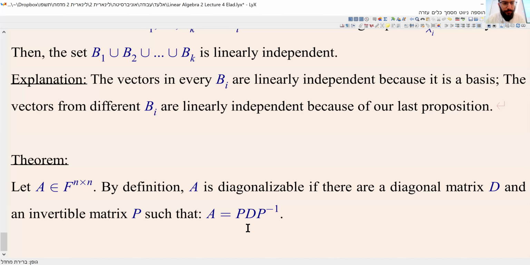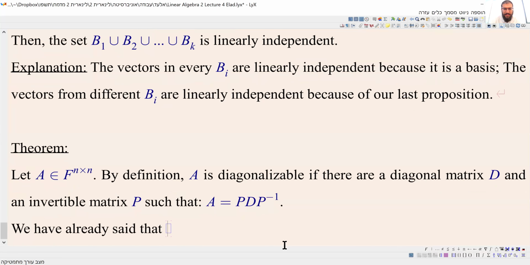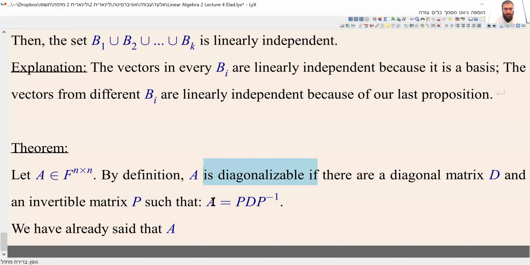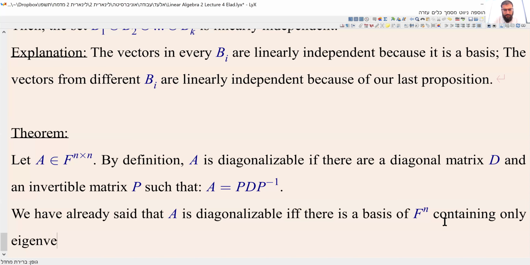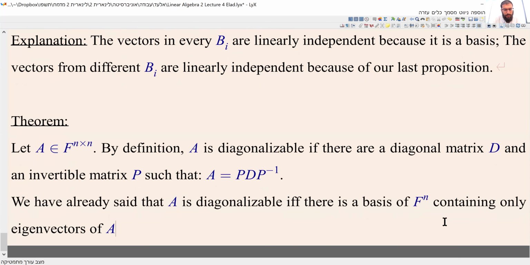We have already said that A is diagonalizable if and only if there is a basis of F^n containing only eigenvectors of A. In other words, we can build a basis for F^n using only eigenvectors.